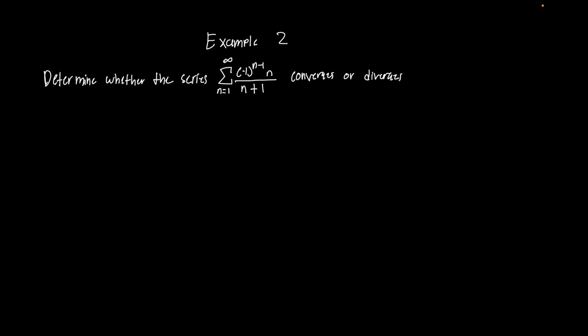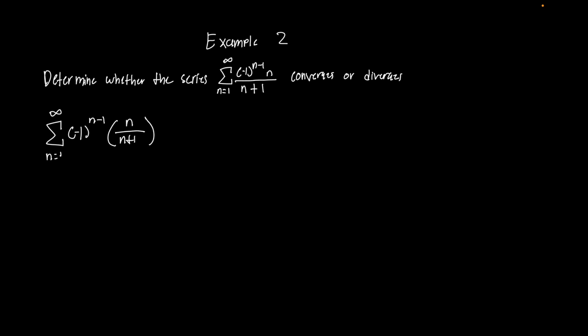So we can rewrite this as (-1)^(n-1) times n divided by n plus 1. Let's pull the n over n plus 1 out. We can write it as a multiple in parentheses, so we see the n on top, and we're just going to factor the whole thing and pull out the bottom, n plus 1.